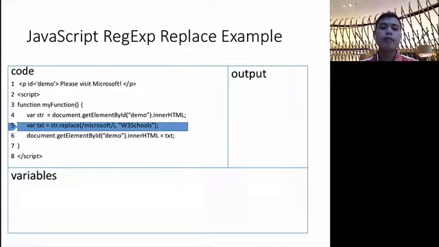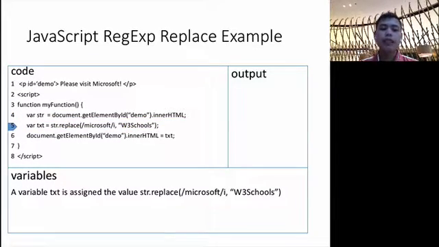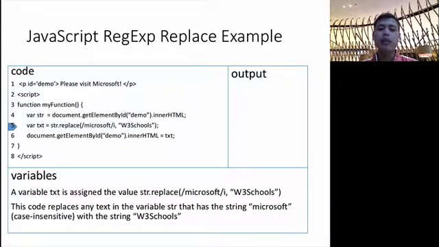In line 5, a variable txt is assigned the value str.replace(/Microsoft/i, "W3Schools"). This means the code replaces any text in the variable str that has the string Microsoft.